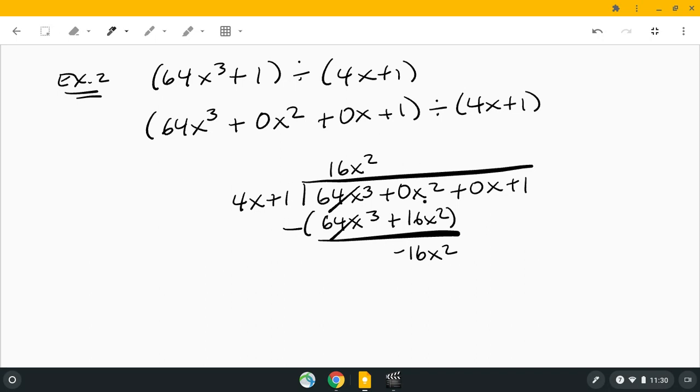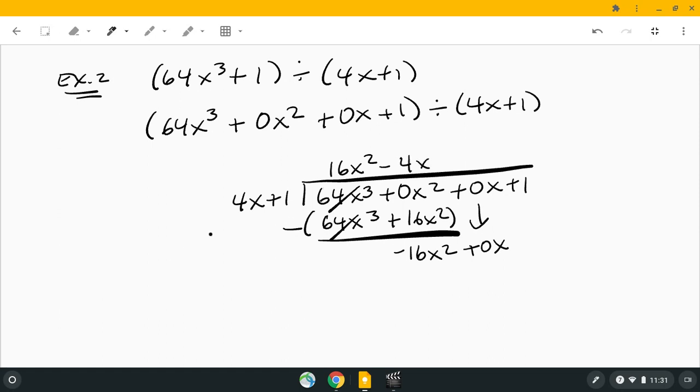So you see here, we use the placeholder, and we see here that the x squareds do match up. If you didn't put these here, then the 1 would have been here, and they don't match, right? Okay, so that's why we have them there. All right, bringing down the plus 0x. And then again, starting over here, 4x times what is negative 16x squared? So that's negative 4x.